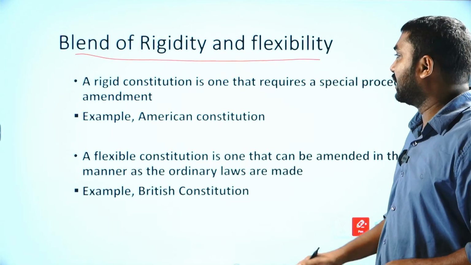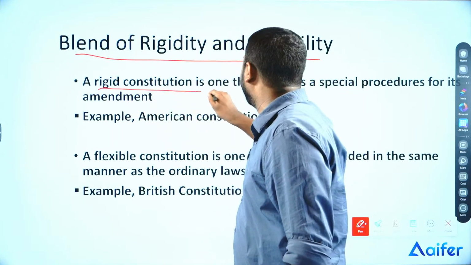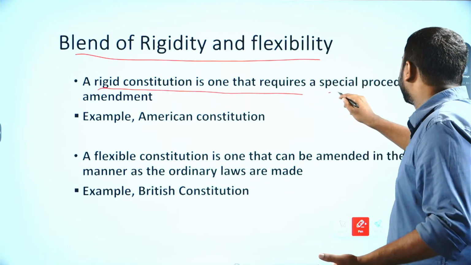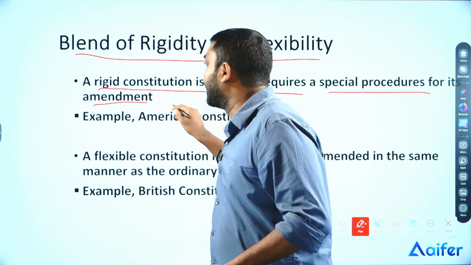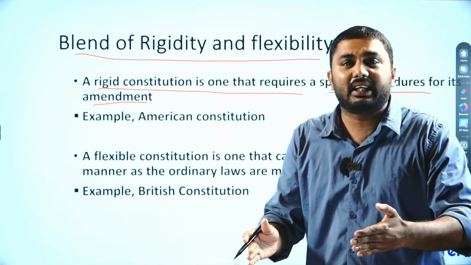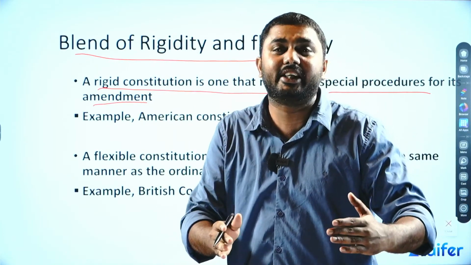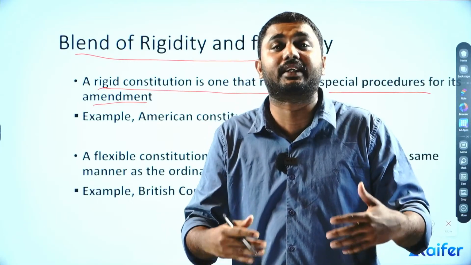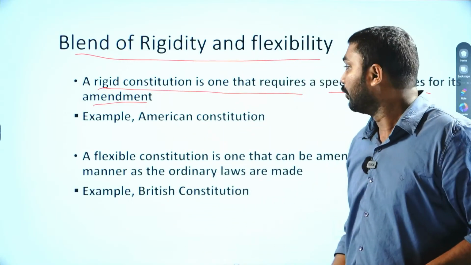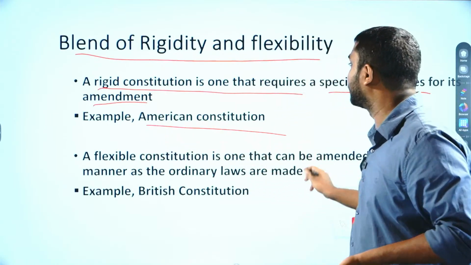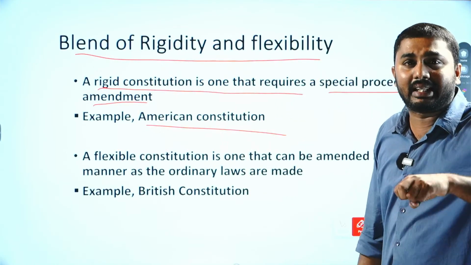A rigid constitution is one that requires special procedures for amendment. For example, the American Constitution is a rigid constitution.